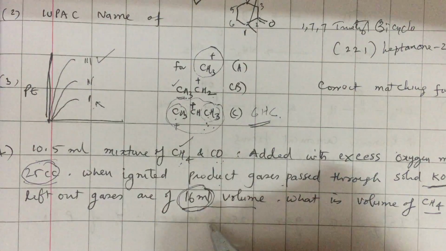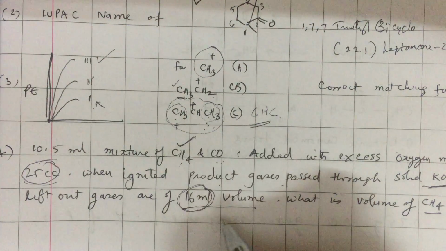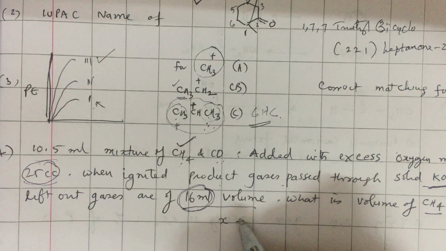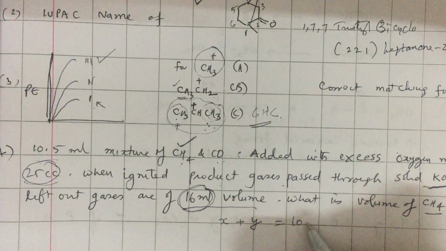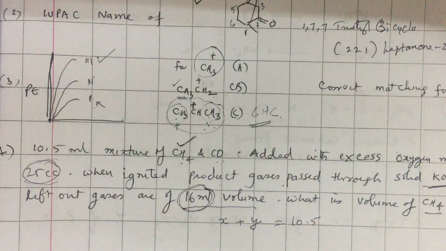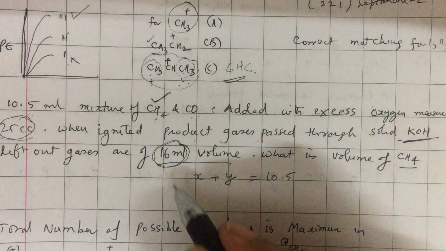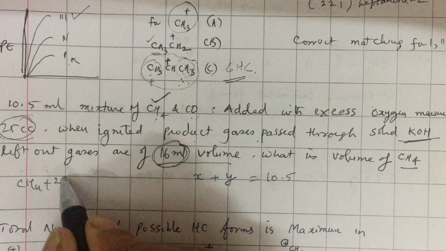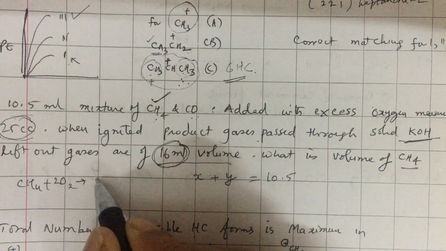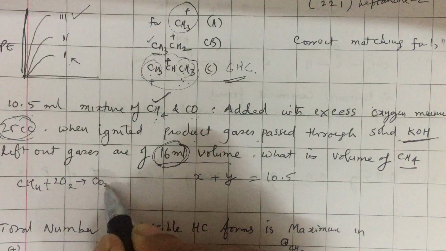It means, let the volume of methane be X and the volume of carbon monoxide be Y. X plus Y is equal to 10.5 ml or cc. That is clean. Now when methane is burnt in oxygen, each mole of methane requires 2 moles of oxygen for complete combustion.